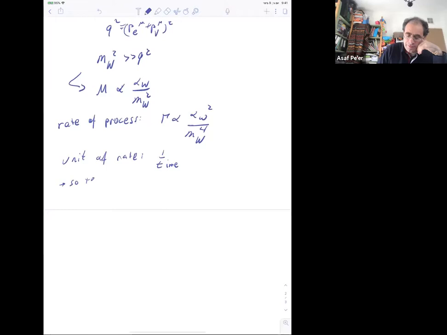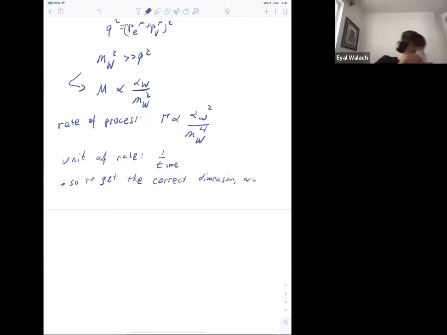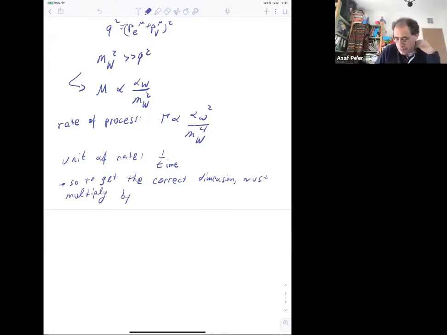So to get the correct dimension, multiply by a term with units of mass to the power 5.